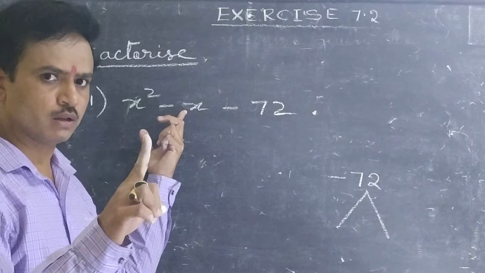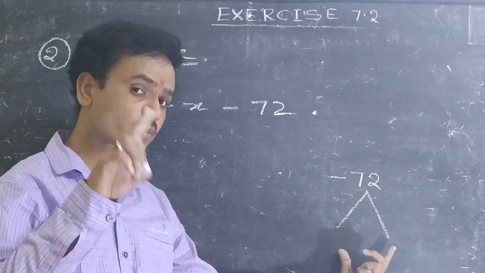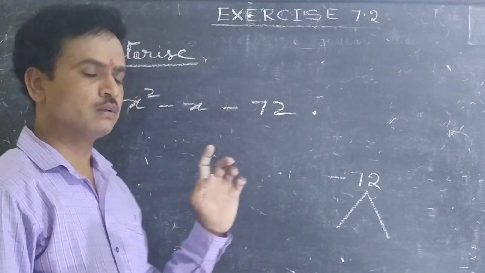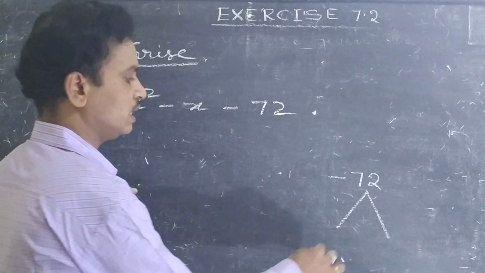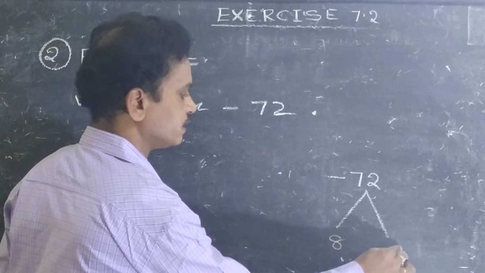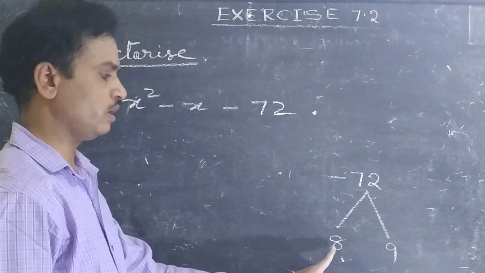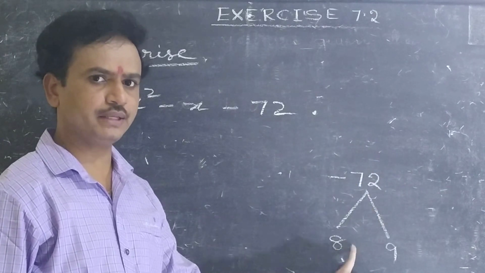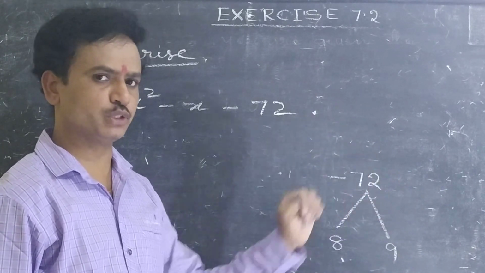Here the number is 1, so the sum should be equal to 1. Right? Then what we should do? 8 9s are 72.